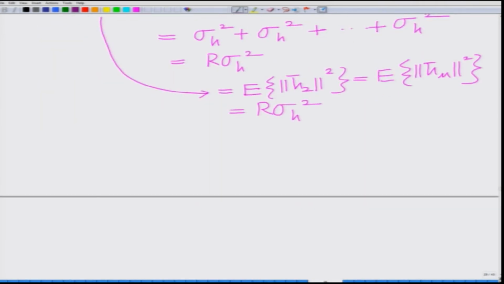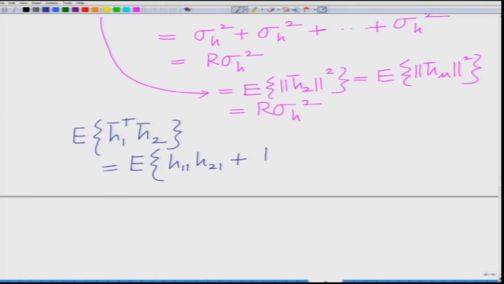Typically the diagonal entries demonstrate slightly different properties compared to the off diagonal entries. Consider the expected value of H1 bar transpose H2 bar. This is the expected value of H11 H21 plus H12 H22 plus so on.